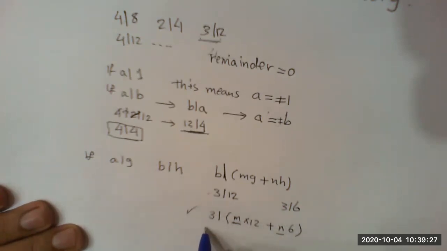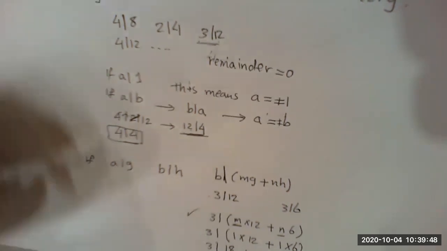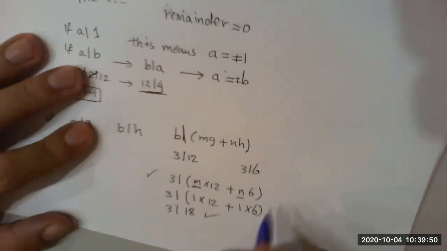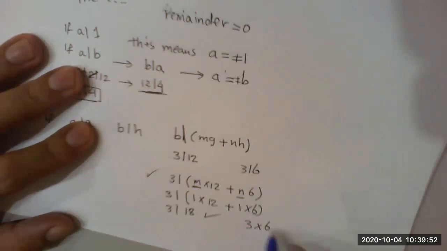For example, I put 1 here, so 1 by 12 plus, and I also put 1 here, 1 by 6. This means 3 divides 12 plus 6, which is 18. So it's working, because 3 multiplied by 6 equals 18.